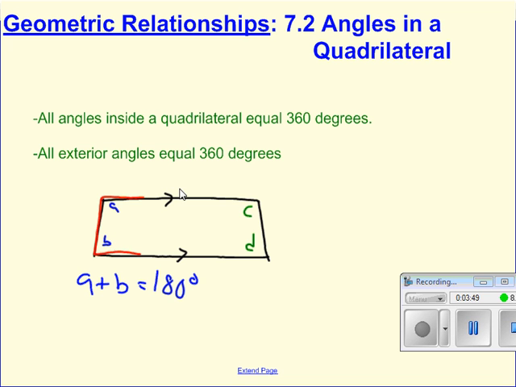If I have a line that's then extended out from here, like so, it's going to give me an F shape. And because of that, all of the other angles, they'll have another relationship. In fact, in this case, this angle A here will be the exact same here.